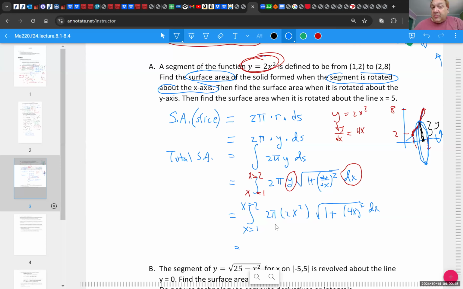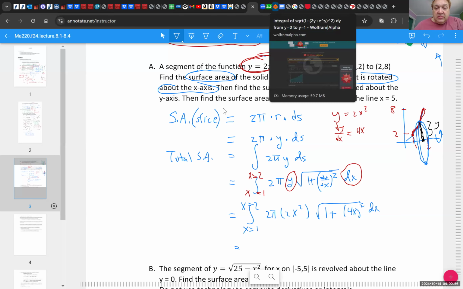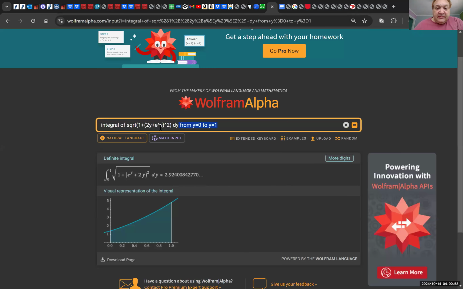All right, so I'm going to jump over to Wolfram Alpha. That's my go-to algebra engine, and I have to just type this whole thing in here. Integral of, I did this from a previous video.